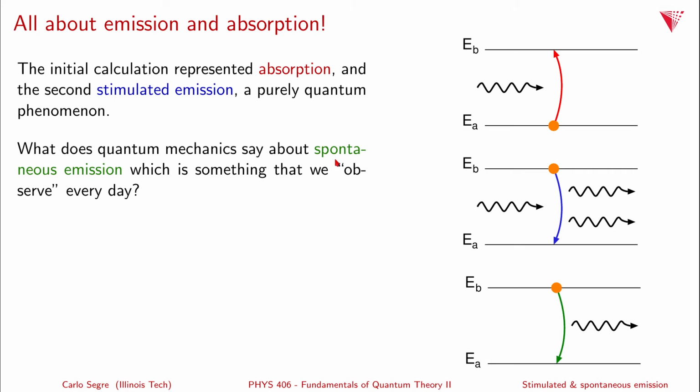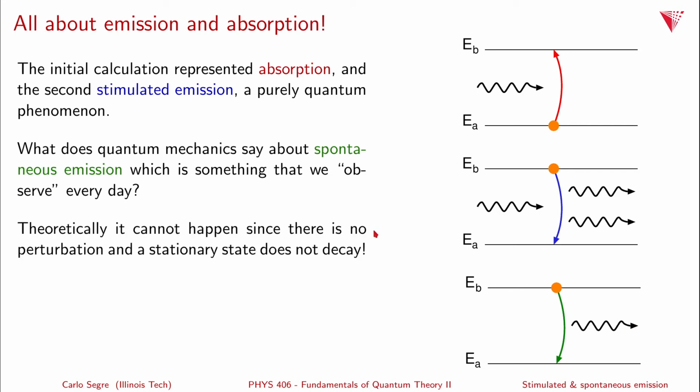This would be E sub B dropping down to E sub A and emitting a photon. Theoretically, it can't happen, because you need an oscillating, sinusoidal perturbation to stimulate either an absorption or an emission event. A stationary state like E sub B or E sub A wouldn't decay. They don't change in time.